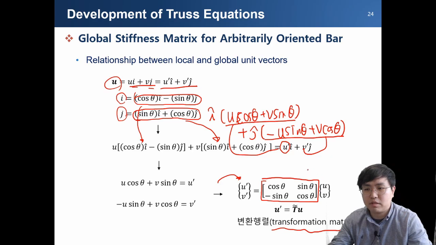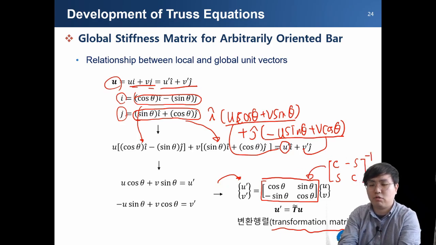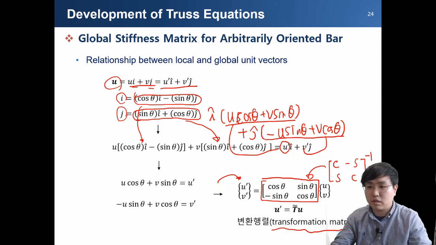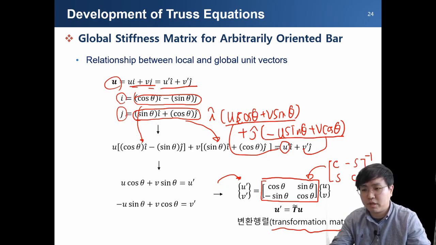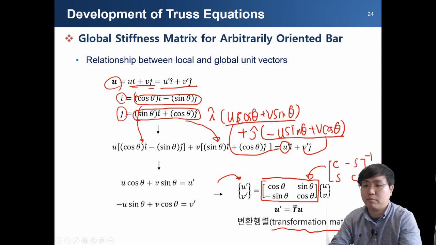This matrix is the inverse of the rotational matrix. The rotational matrix is cosine, minus sine, sine and cosine. This is the rotational matrix. This is the inverse of the rotational matrix. So in the FEM, we call it the transformation matrix.